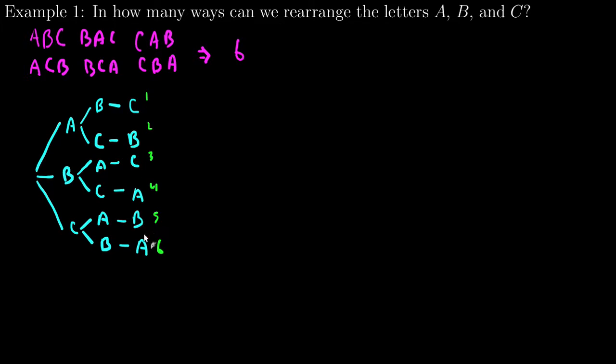The outcomes are the leaves of this tree, and each one includes all of the branches to get there. So for instance, this leaf here stands for the outcome C, A, B, because the way to get there is to first choose C, then choose A, then choose B.